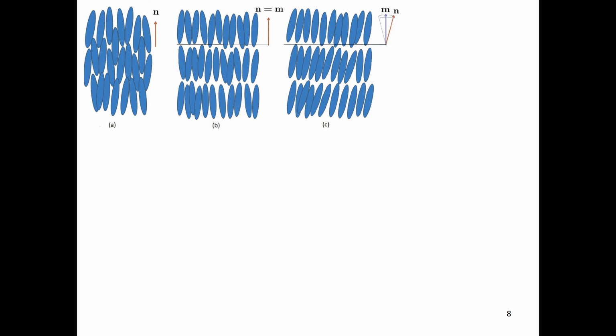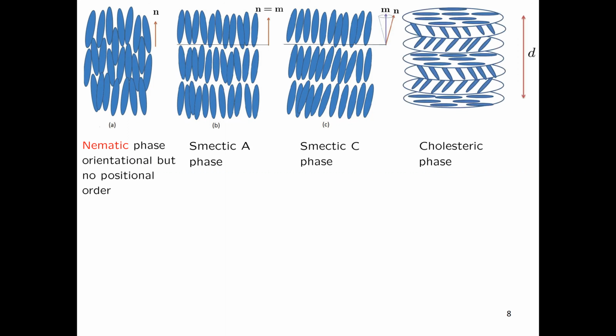In smectic C, the molecules make a particular angle with respect to the normal to the layers. So in the nematic phase, there's orientational but no positional order. That's smectic A, this is smectic C.